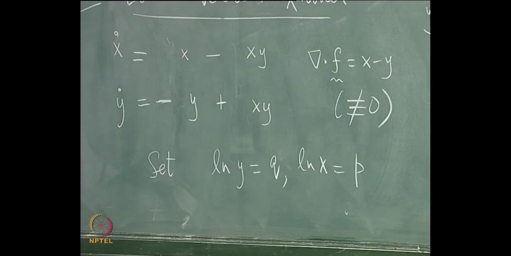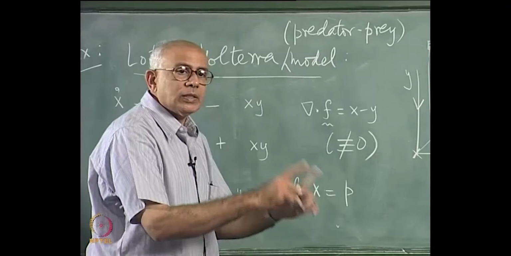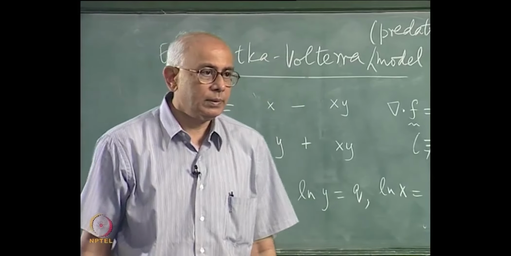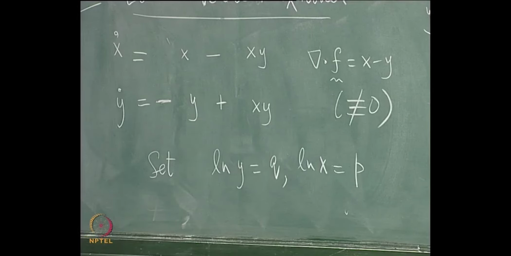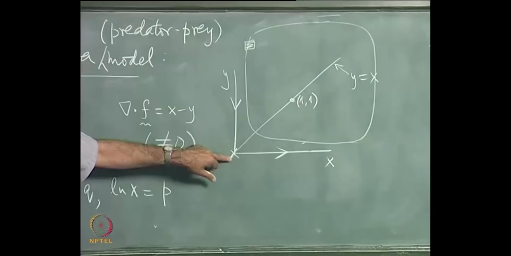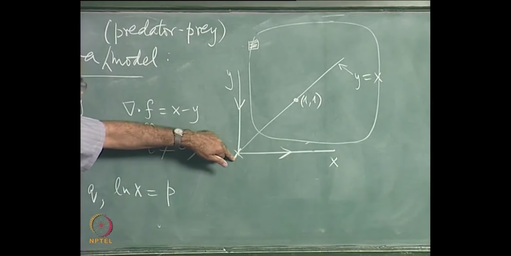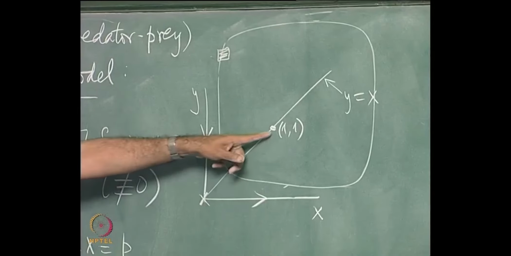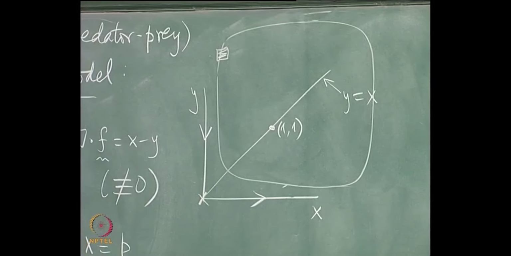So we change variables in this fashion and rewrite the equations of motion in terms of q and p, and you discover what happens to this critical point. Where would this go? It would go off to minus infinity, because log zero tends to minus infinity. Where would this go? It goes to the origin.